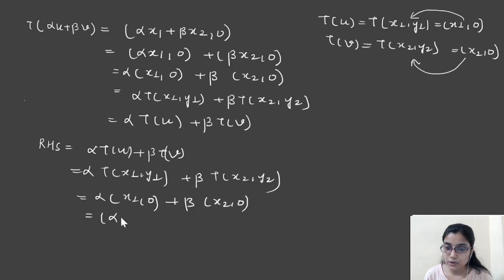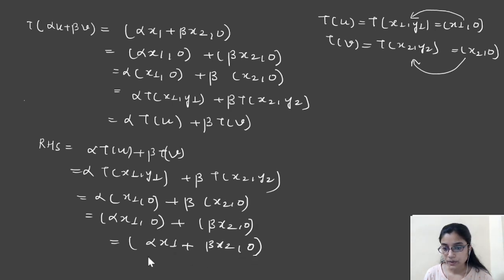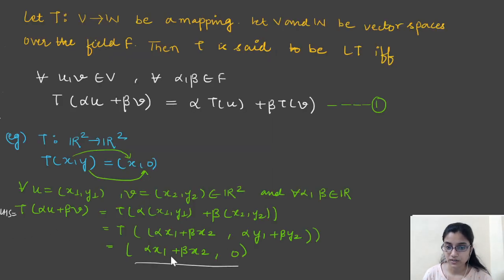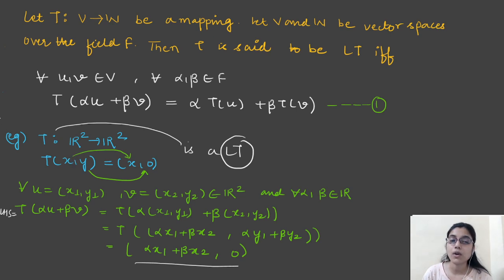Now this is going to be alpha x1 comma 0 plus beta x2 comma 0. Now you add, this is alpha x1 plus beta x2 comma 0. So this is the same expression that we are getting on LHS. So both the LHS and RHS are equal. It implies condition 1 is fulfilled. So that is why this given t is a linear transformation. That's how we check whether the given mapping is a linear transformation or not.